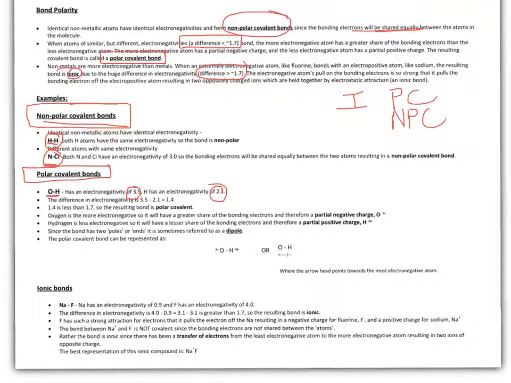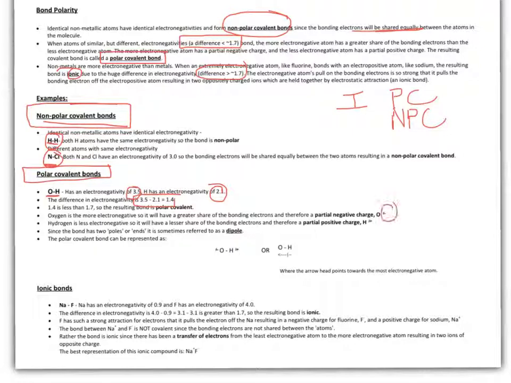So 3.5 minus 2.1 is 1.4. And if we go back up to what we read above, if it is less than 1.7, then a polar covalent bond results, and that is the case here. So oxygen is more electronegative, so it will have a greater share, and we say that it is partially negative.